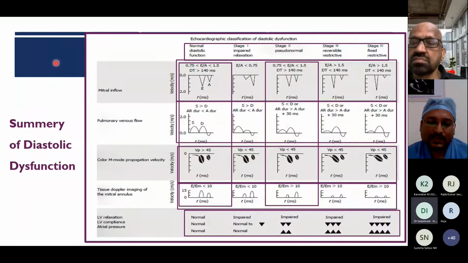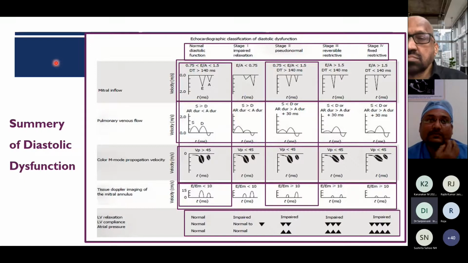Left atrial strain is a different topic. It's a big topic by itself, but it is coming in a big way. And another thing is there are many cases with left atrial cardiomyopathy, where patients do have symptoms of diastolic dysfunction.